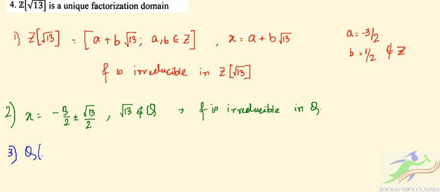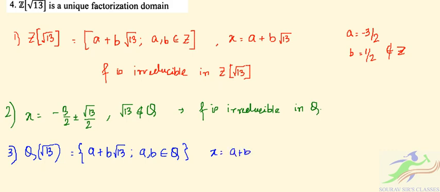So Q of root 13, we can write it in this form: a plus b root 13, where we are considering that a and b both are elements of Q. Here the roots are x equal to a plus b root 13, where a is equal to minus 3 by 2 and b is equal to half, right?